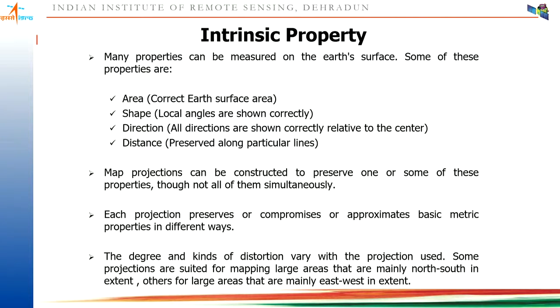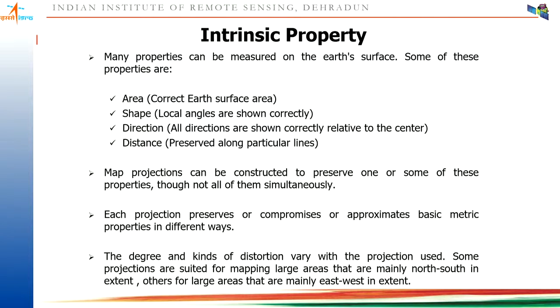When we use a map projection, it may preserve one property, and the other properties may be partially preserved or not preserved at all. A particular map projection preserving all the properties may not be possible. So we need to select the map projection as per our requirement, and the degree and kind of distortion vary with the projection used.